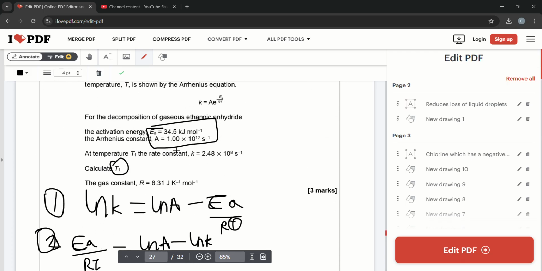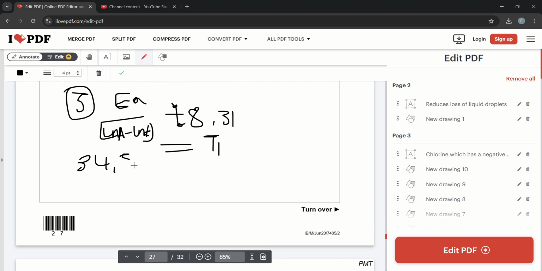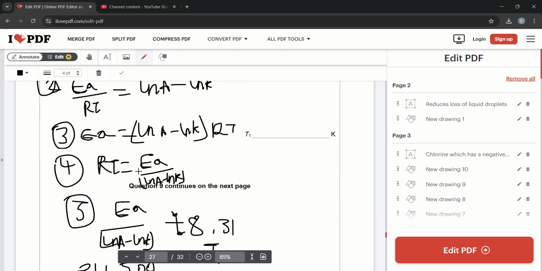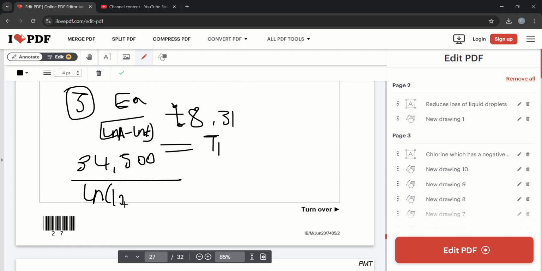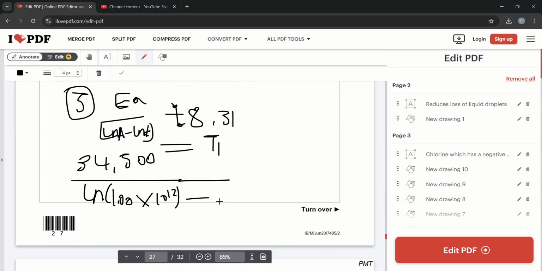So Ea is 34.5 kilojoules, but because the gas constant R is in joules, we need activation energy also to be in joules, so it's going to be 34,500 divided by ln(1.00 times 10 to the power of 12) minus ln(2.48 times 10 to the power of minus 8). Now that's in the calculator.